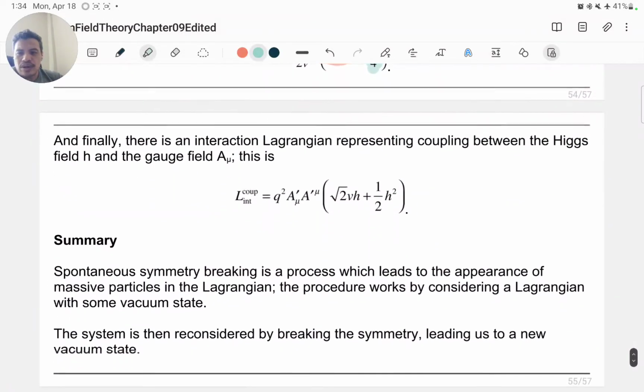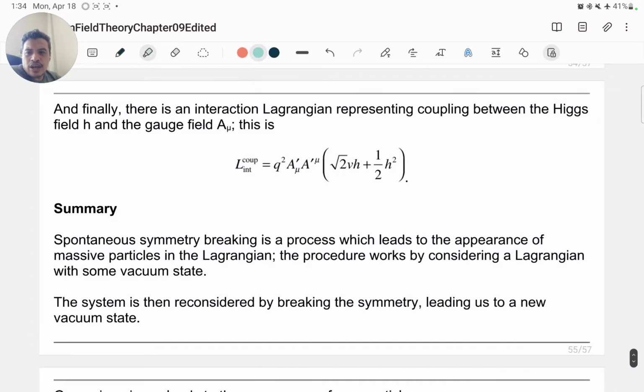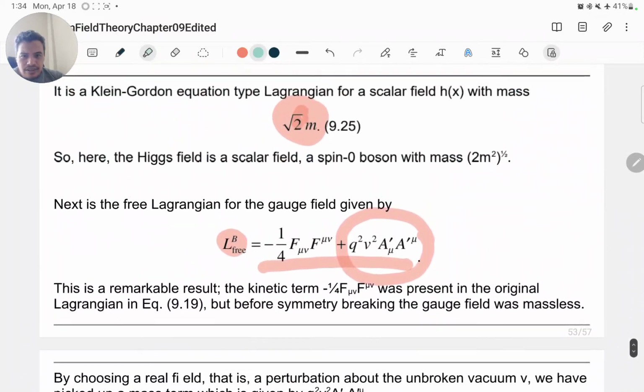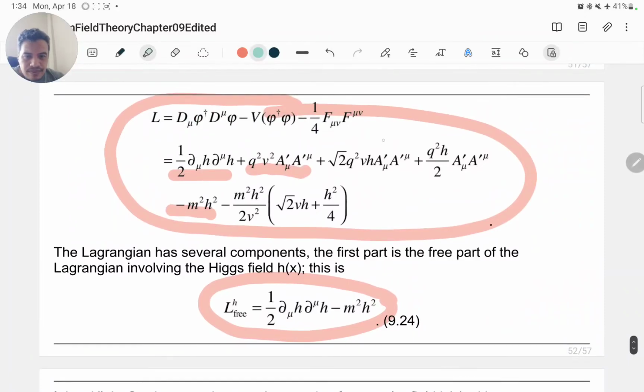And you have also an interaction term representing coupling between the Higgs field and the gauge field, which is just this one. So this is a three-legged interaction involving the gauge field and the Higgs. They are the terms here, this one and this one.